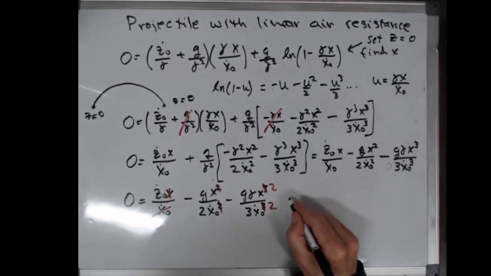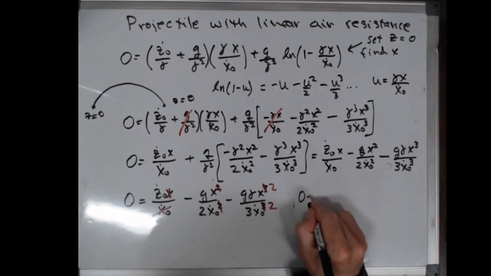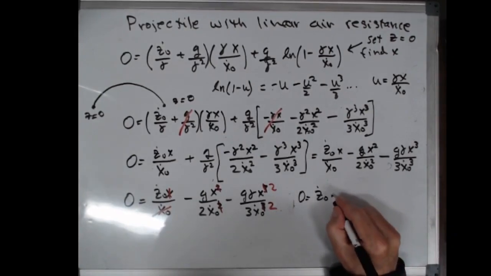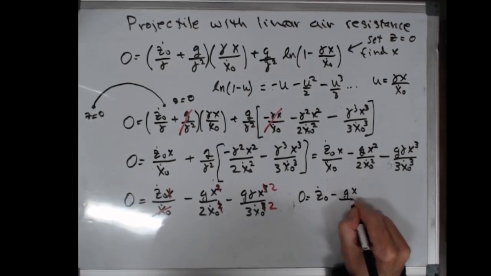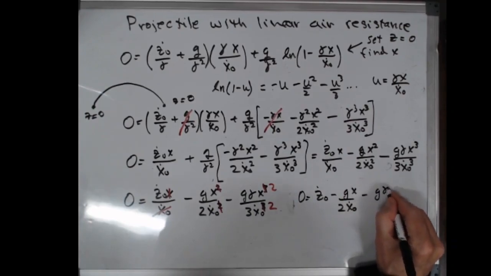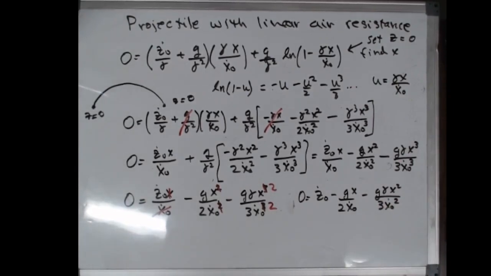And this gives me that 0 is equal to, so z naught dot minus g x over 2x naught dot minus g gamma x squared over 3x naught dot squared. Hopefully I did all those right.